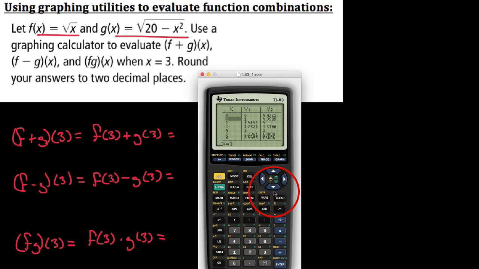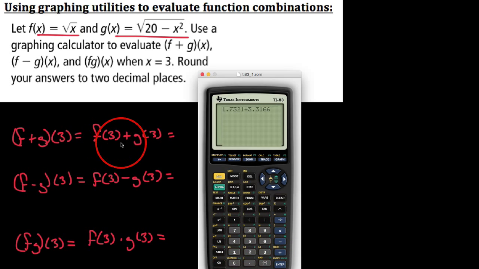What we can do is scroll down to 3, and what we're really doing is adding these two values together. Those two values right there. So if I were to add 1.7321, I'm going to quit. 1.7321 plus, now I'll go back into my table, 3.3166.